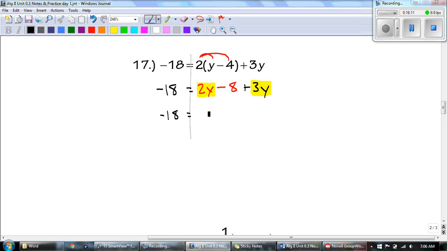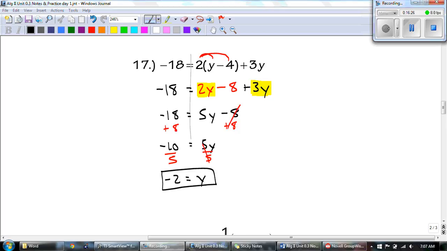So 2 plus 3 is 5y minus 8. And then we're at the same spot as we were before. Pause the video and solve it. All right, using inverse operations, you add the 8 and then divide by 5 to get -2.